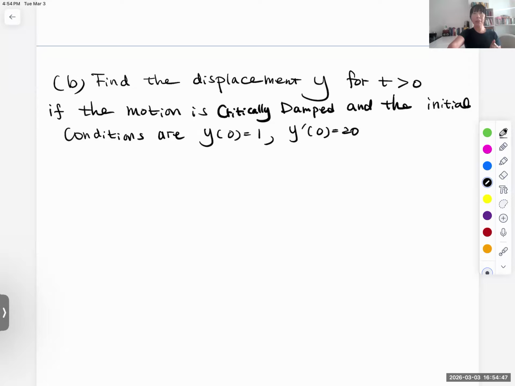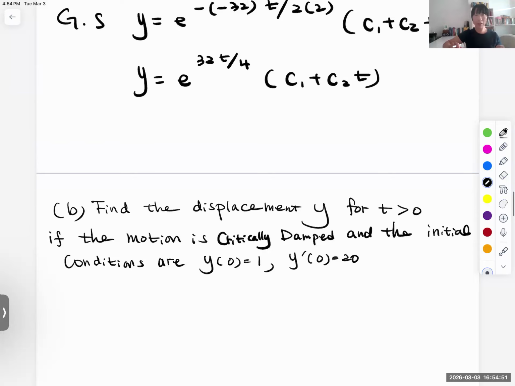We have, let me see. Okay, so let's clear about this one. Wait a minute. Is it positive 32? Is it correct? Okay, let me double check here.